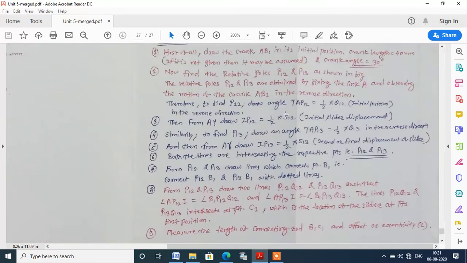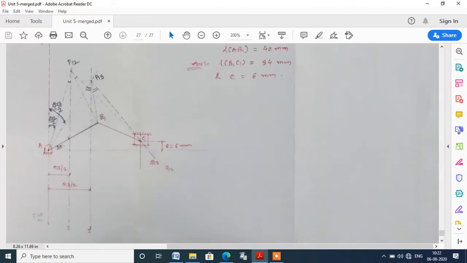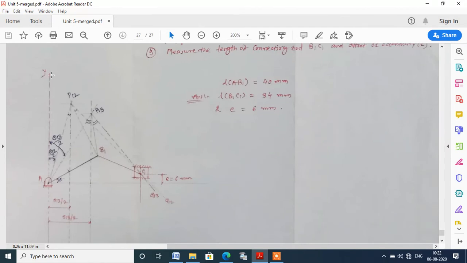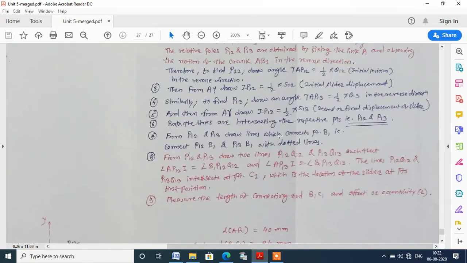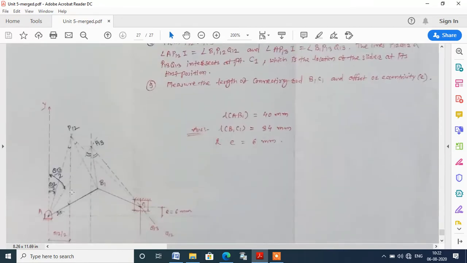to find P12, draw angle YAP12 equal to half of theta 12 in the reverse direction. The given angle theta 12 is 30 degrees. So take the angle from YA1, theta 12 by 2, that is 30 divided by 2, which is 15 degrees.